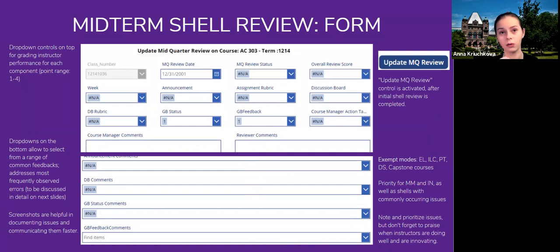So if we notice any type of issues in future courses, we can go back to that documentation in the previous courses and assess whether the instructor has had issues and what has been changed over the time frame.